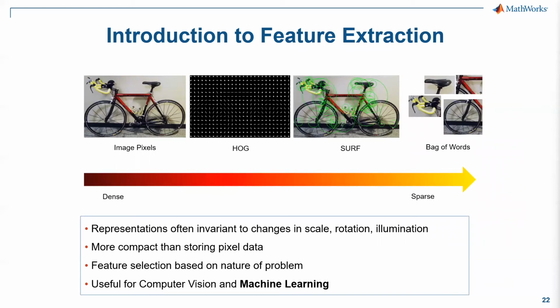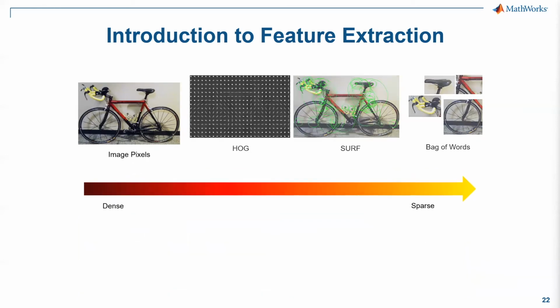There are many different techniques which give unique capabilities such as rotation, scale, and illumination invariance to features. Another advantage of working with features is they represent compact information about regions in the image. Depending on the application and feature properties, we will choose the feature extraction method.